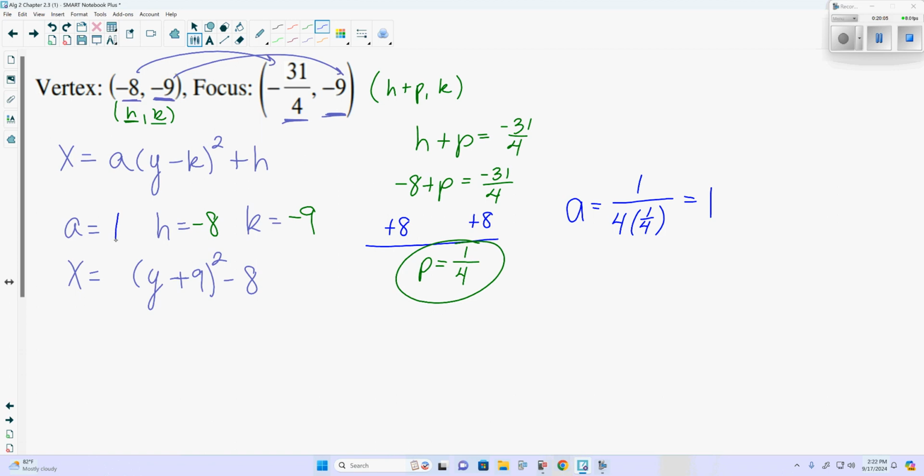Now we can write 1 times y plus 9 squared, or we can leave it as x equals. If you do the multiplication of 1, that is still correct. I will not mark it wrong. If you leave it as this here, that is still correct.